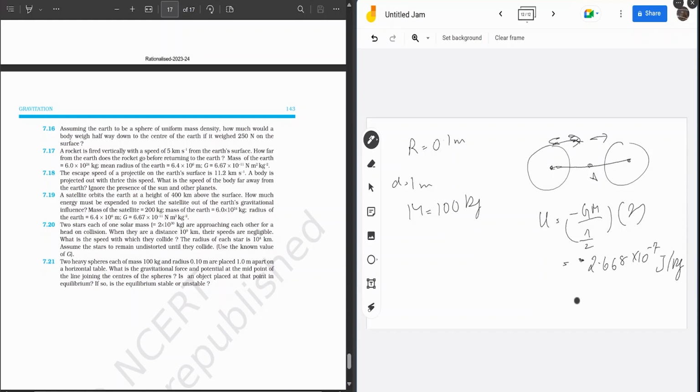So this is the gravitational potential. However, force is 0, so if you displace it a little here or there, it will not return to equilibrium. So this is an unstable equilibrium position.